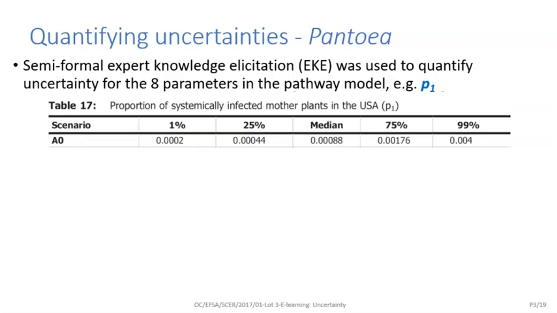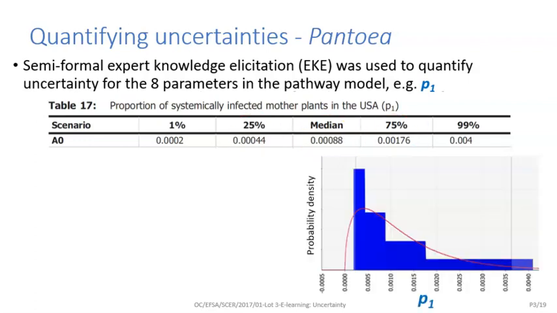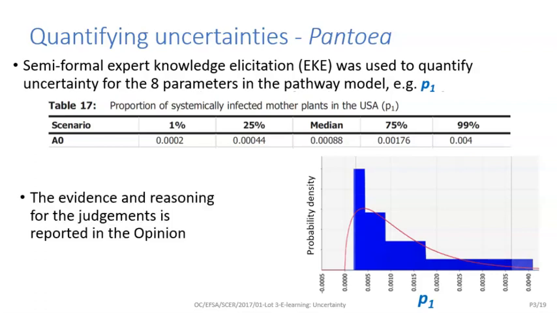The working group experts were asked to assess their lower and upper plausible bounds for this parameter, their median estimate, and quartiles. Then a distribution was fitted to their 5 judgments, as shown by the red curve, for use in the model. The evidence and reasoning for the judgments is reported in the opinion.